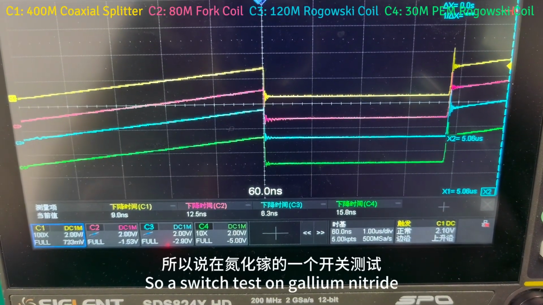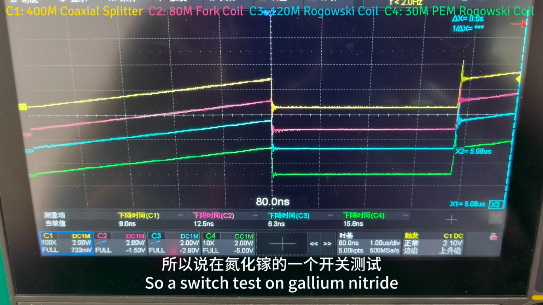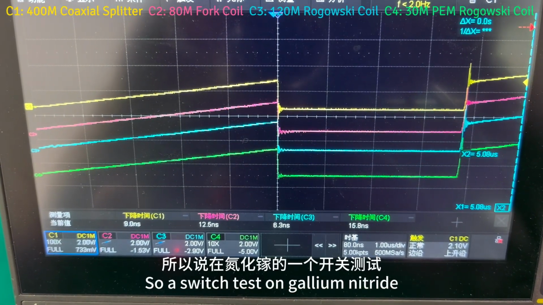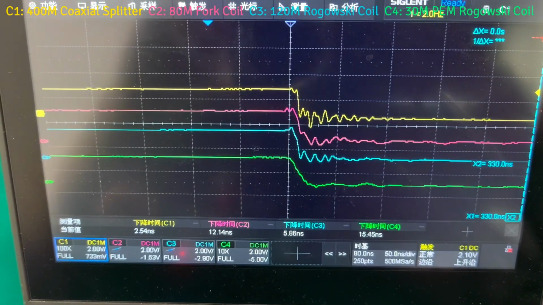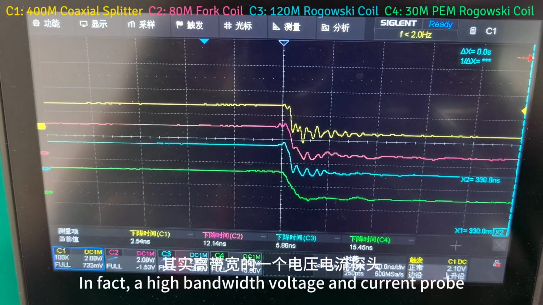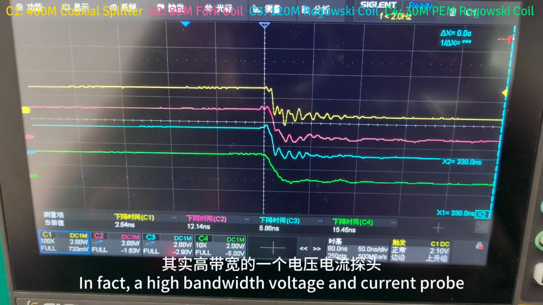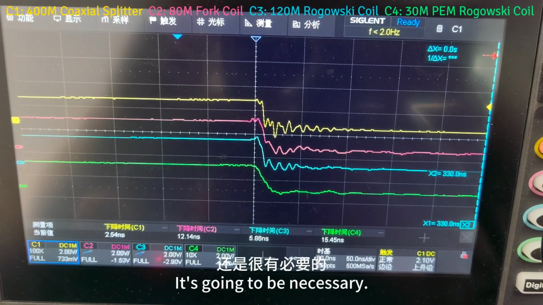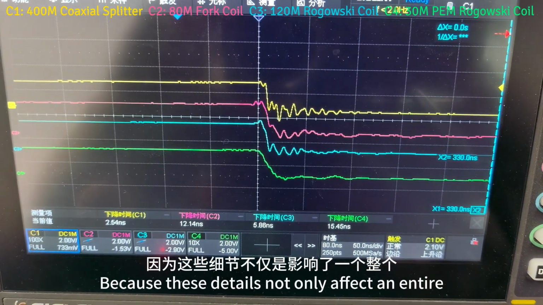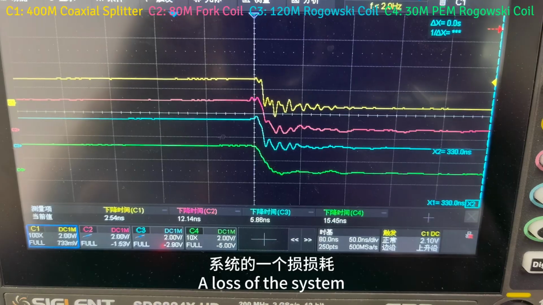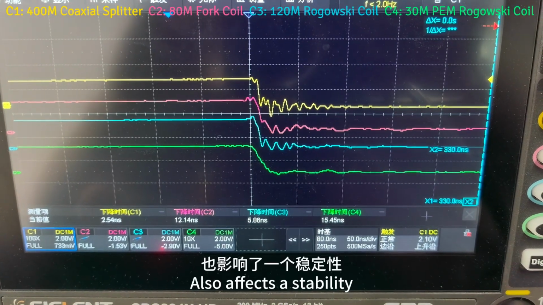So for a switch test on gallium nitride, in the loss test, or switching cycle loss test, a high bandwidth voltage and current probe is necessary, because these details not only affect the loss of the entire system, but also its stability.